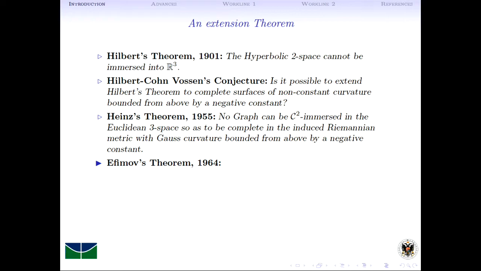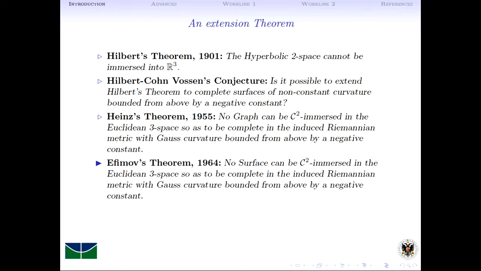A few years later, in 1964, Efimov gave a successful answer to that Hilbert-Cohn-Vossen conjecture. He gave a positive answer. He proved that indeed there do not exist those kinds of surfaces isometrically immersed in R3.